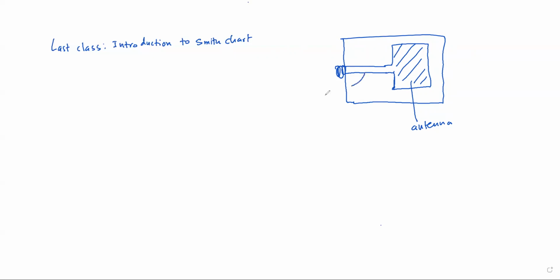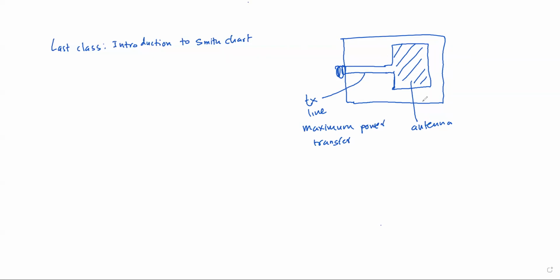So here we have a transmission line, and this transmission line needs to be connected to this antenna in such a way that we deliver the maximum power to the antenna. So maximum power transfer is what we are expecting.